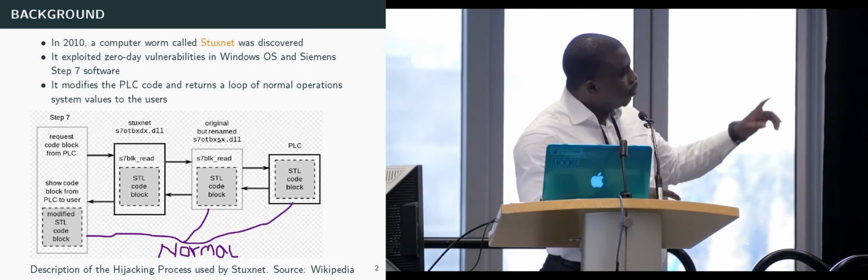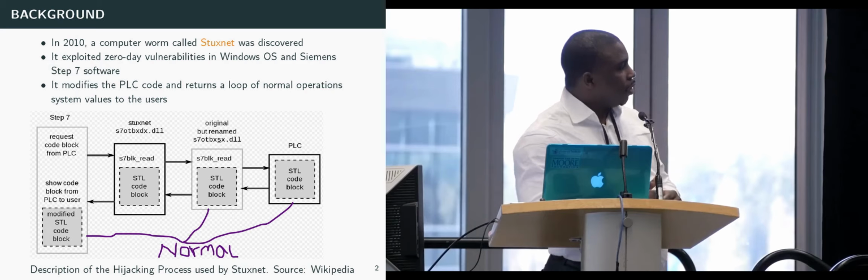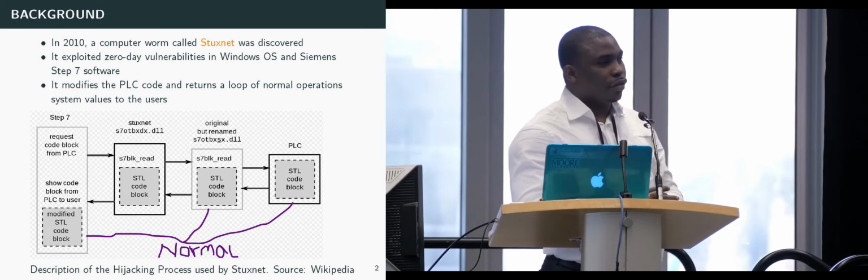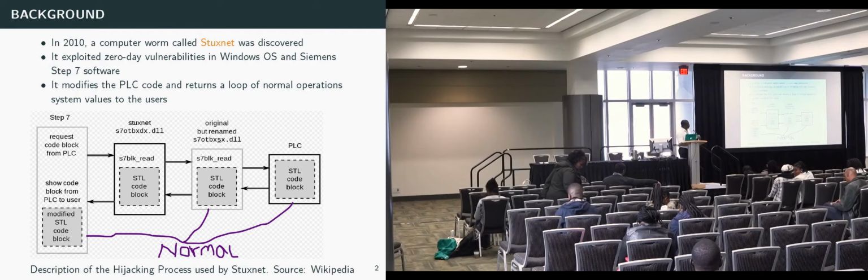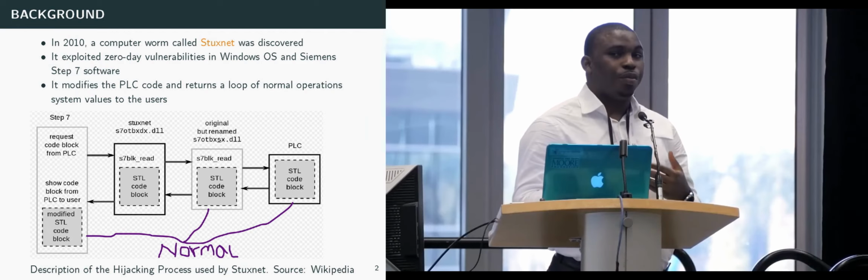Stuxnet was able to successfully insert itself between the Step 7 software and the PLC. It was able to fool those monitoring the nuclear plant, apart from the zero-day vulnerabilities, because of the way we program.